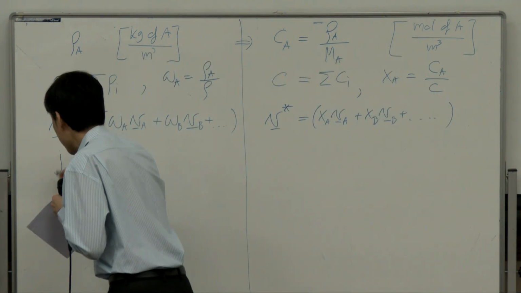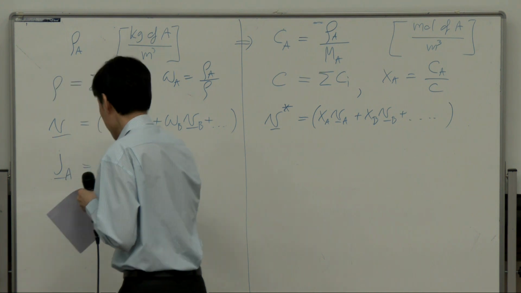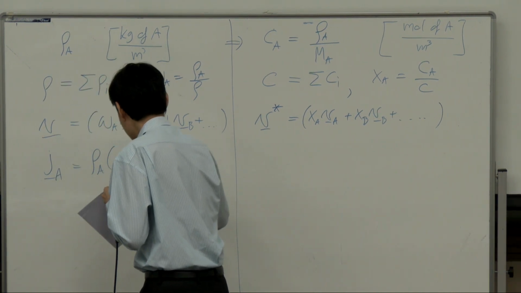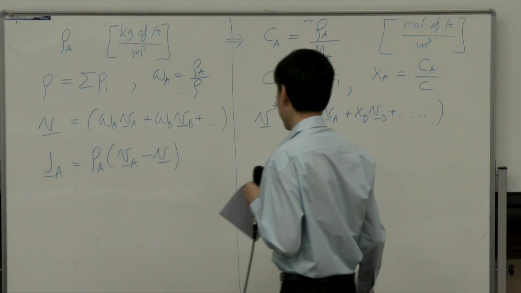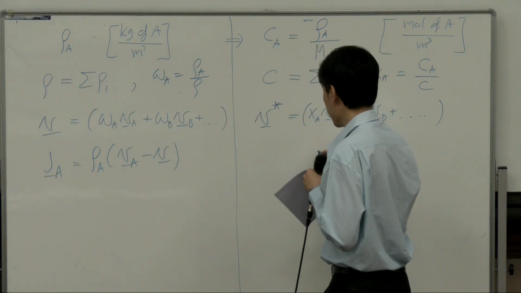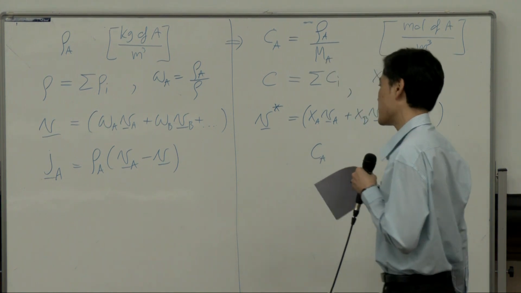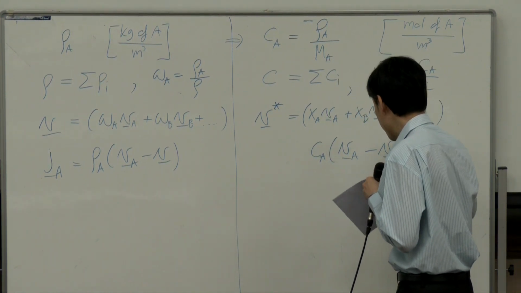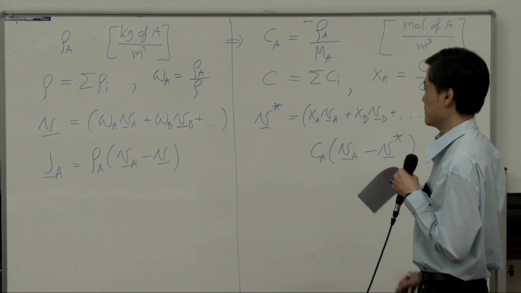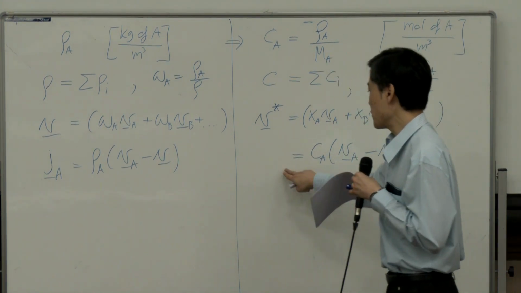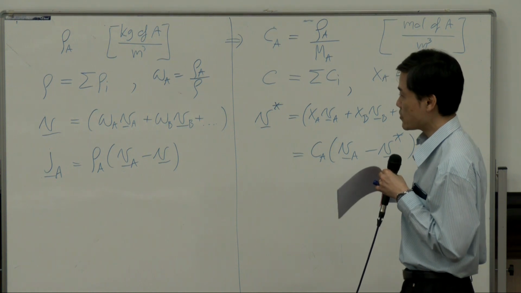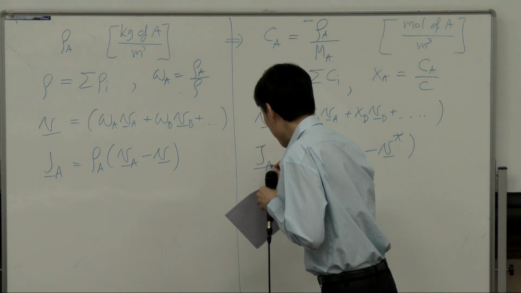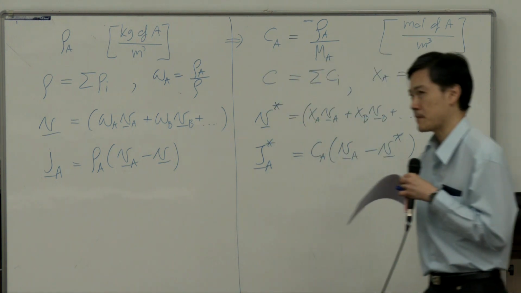We have diffusion flux, JA, equal to rho A times VA subtracted by V. If we repeat the same thing, taking molar concentration times VA subtracted by V star, it is also diffusion flux, but in terms of molar basis. We call this one capital JA star.